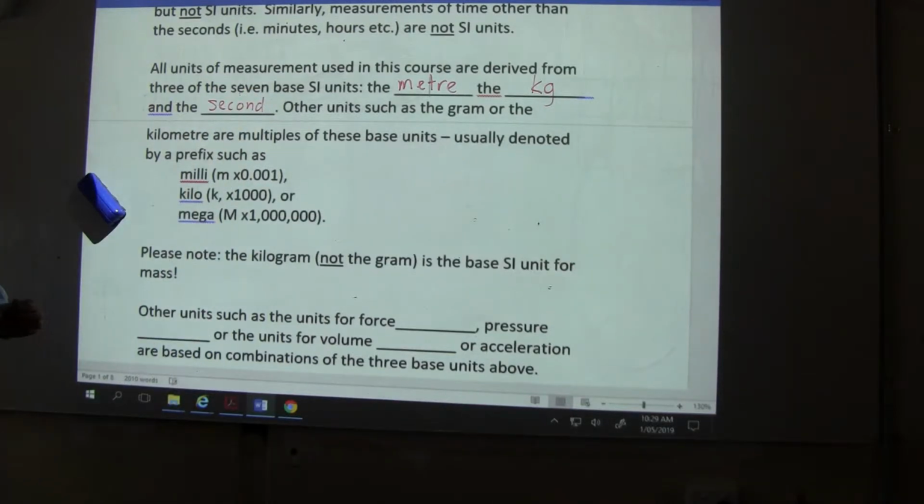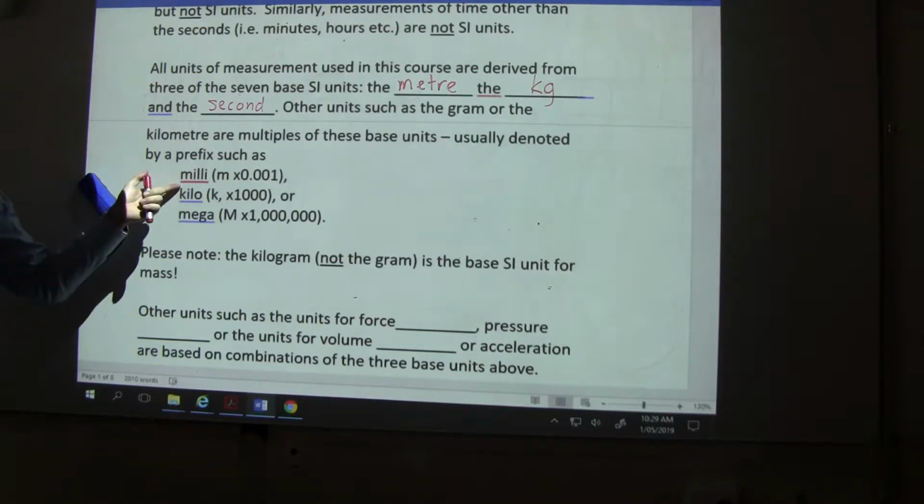Other units, such as the gram and kilometre, are multiples of these units, usually denoted by a prefix. We're all familiar with millimetres and millilitres. Milli comes from the French word mille, which is French for 1,000th. Kilo comes from the Greek for 1,000. We're all familiar with kilometres and kilograms. Megameters and megagrams, we don't tend to talk about those as much.